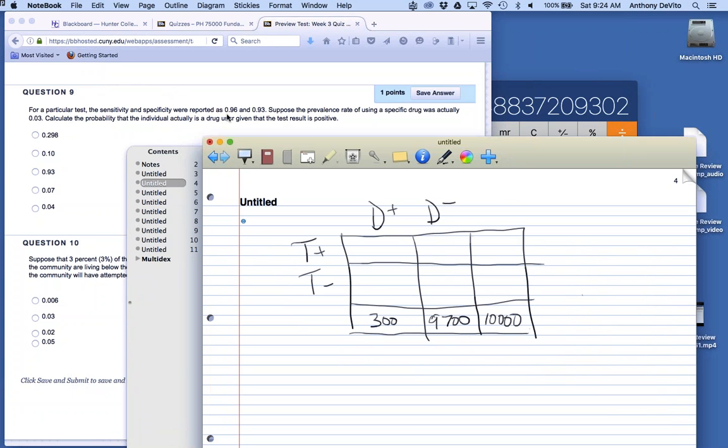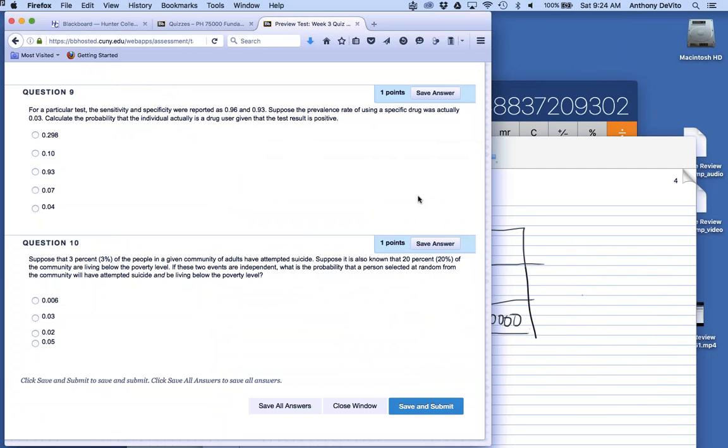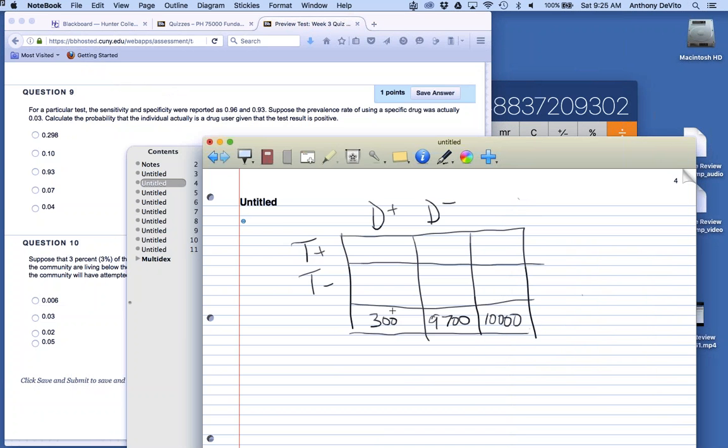In other words, 96% of the time, it will correctly identify someone who's using the drug. So out of these 300 people, 96% of the time, it will correctly catch the person using the drug. 4% of the time, it's going to think that they're not using the drug. It's going to miss them. So 4% of 300 is 12 people.